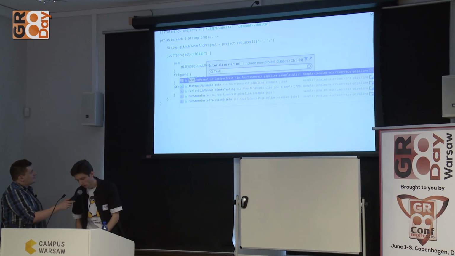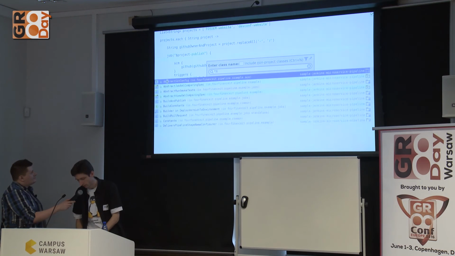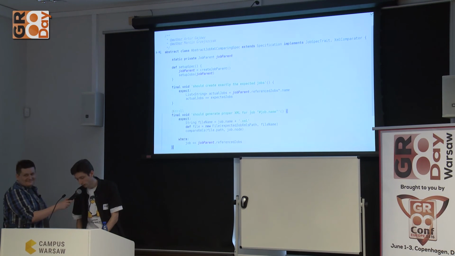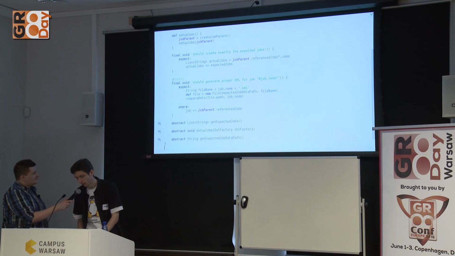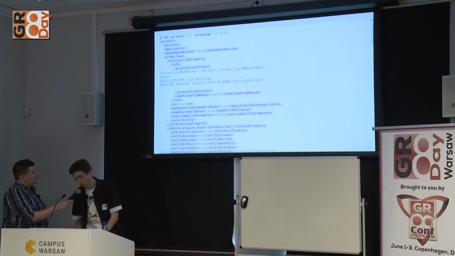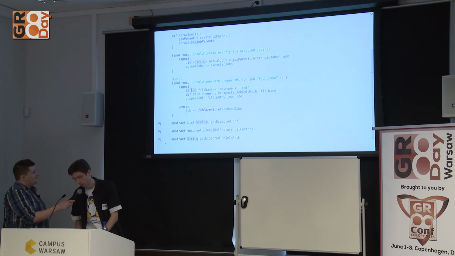We can take a look at the specifications. We can use an embedded management tool to create a fake Jenkins instance, which allows us to generate XMLs, and we can make assertions that the number of jobs were created, and that the XML files, which we keep in the resource folder, are exactly the same as we expect.